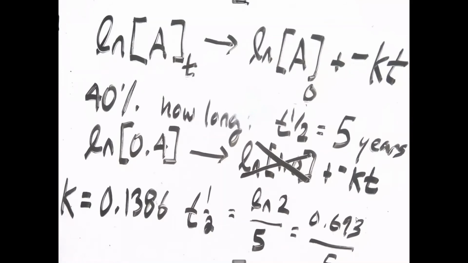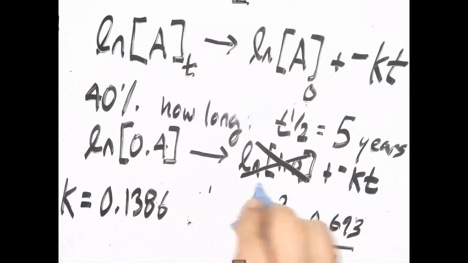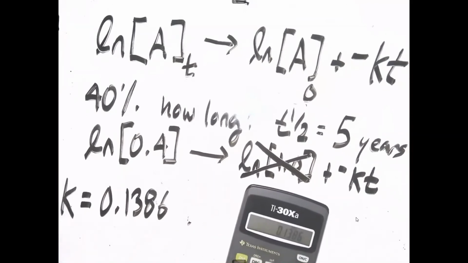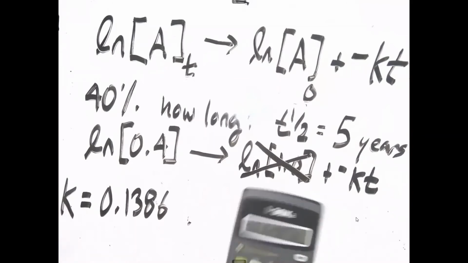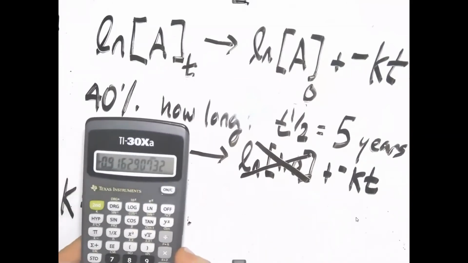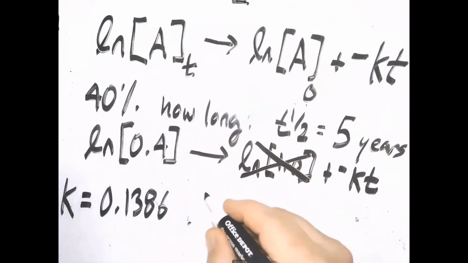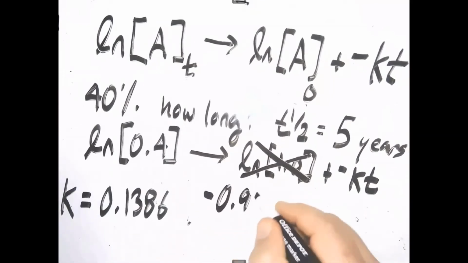Now how do we go on? We're going to figure out the natural log of 0.4. To do that, we're just going to put 0.4 in the calculator and press the natural log key. Now notice that we get a negative number here. It's going to be negative 0.916.